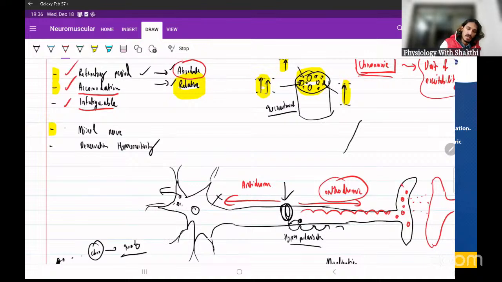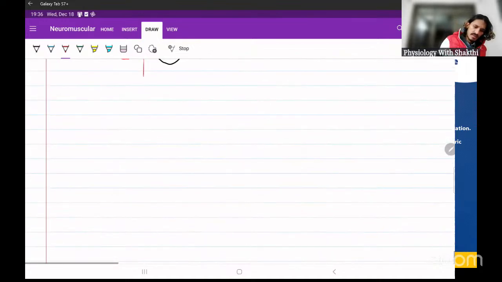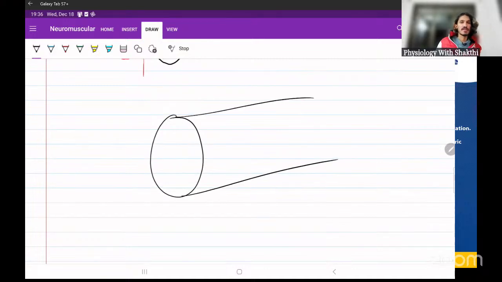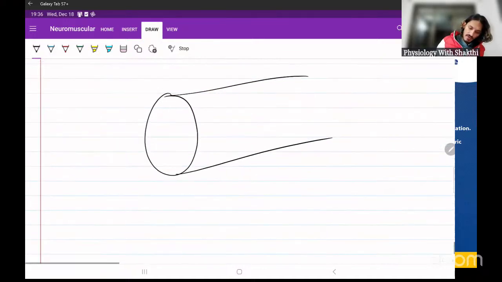What is the property of a mixed nerve? If you take a nerve, there are different types of nerve fibers. There is the Erlanger-Gasser classification, which talks about A, B, C fibers. A fibers again can be further divided; we'll talk about it in synapse and those classes.